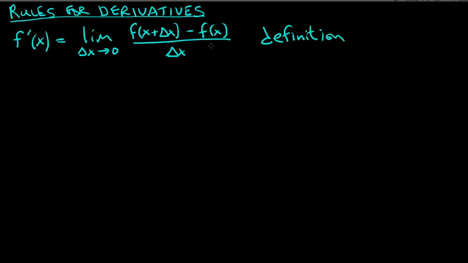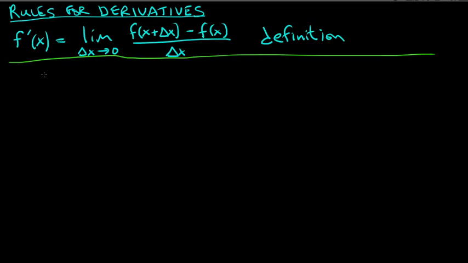In some cases it might not be that bad, but for most of them, using the definition to find the derivative is not pleasant. In some cases it's just extremely tedious, and in a lot of cases it's just impossible. So we just have to develop a bunch of rules that will help us take the derivative without having to use this definition anymore.